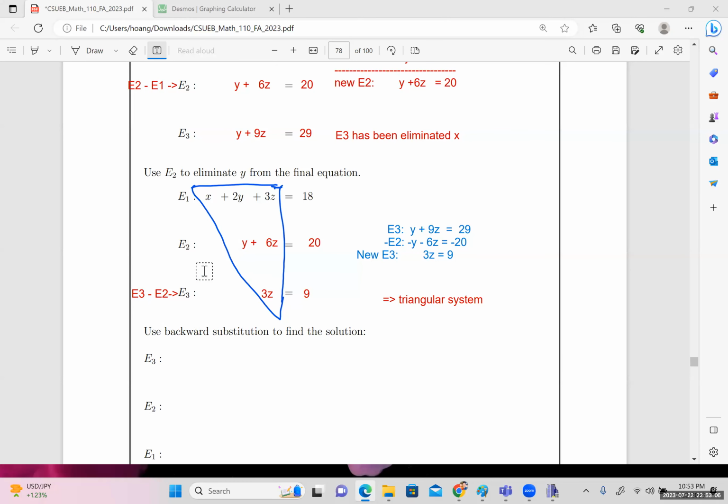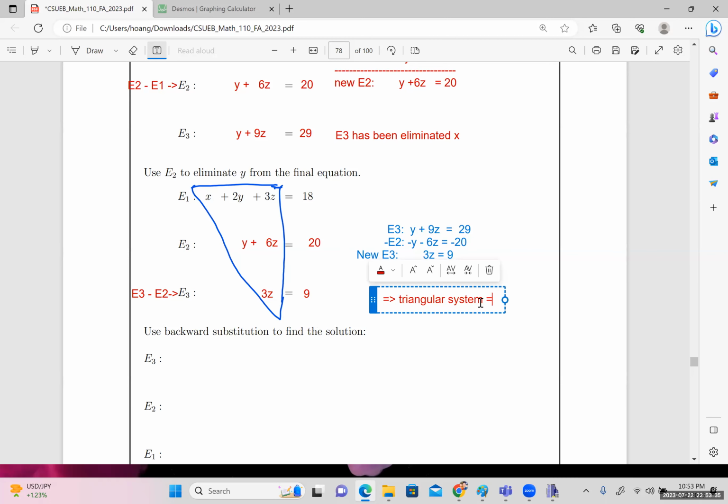Okay, as you can see now, after you do equation 3 minus equation 2, you will have new equation 3 as 3z equals 9, and now you can draw 3 lines around the left-hand side of the system. You will see we have a triangular system, and because of that we can go ahead and back substitute.